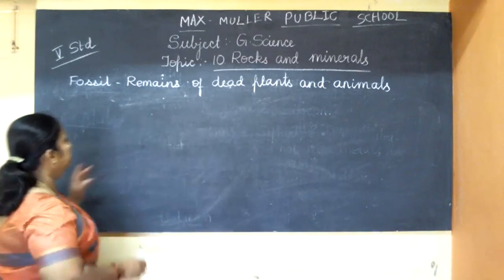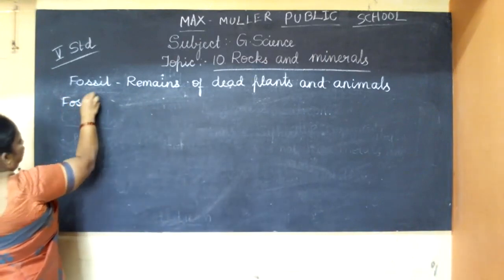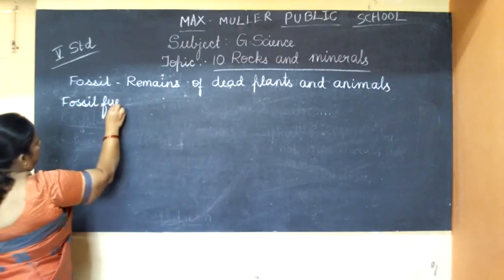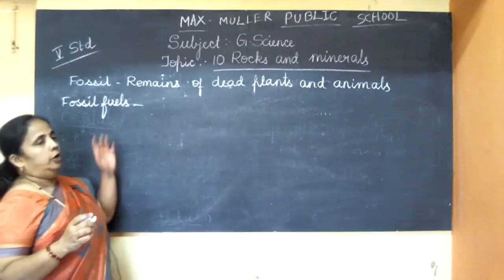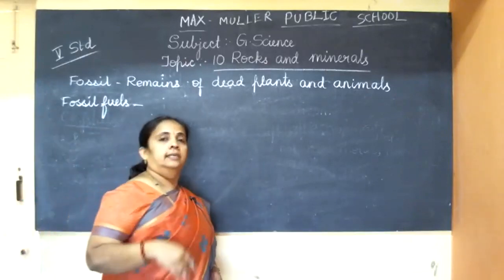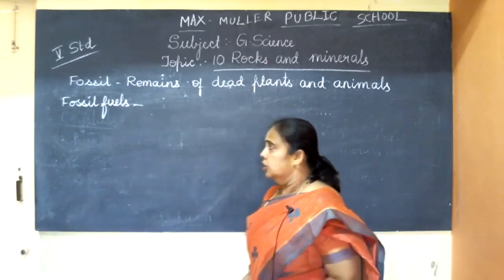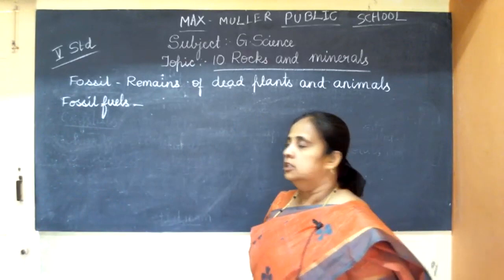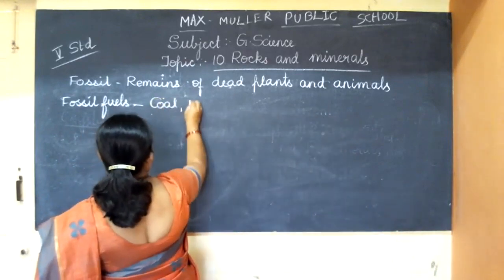So from this only, we can get fossil fuels. From fossils only, we can get fossil fuels. So what do you mean by fuels? Anything when it is burnt, it releases heat, it gives us heat. Okay, so fossil fuels. What are these fossil fuels? Examples: coal, petroleum.